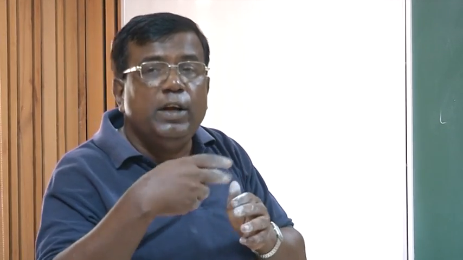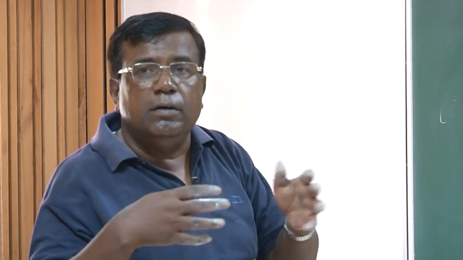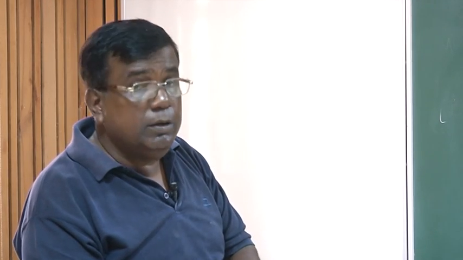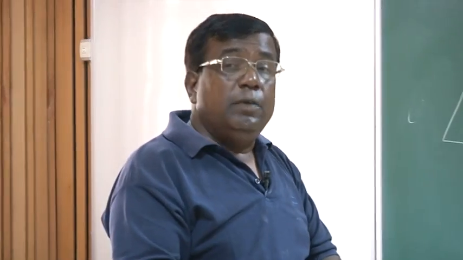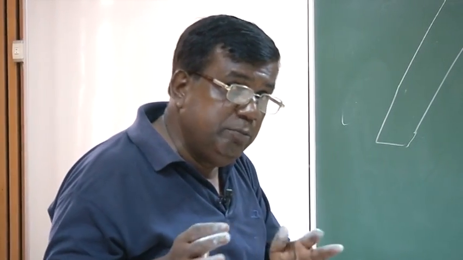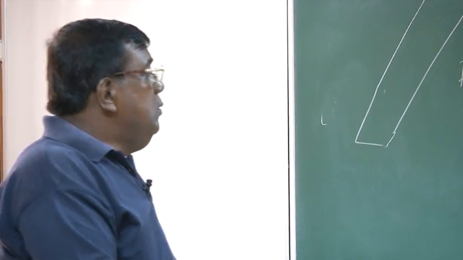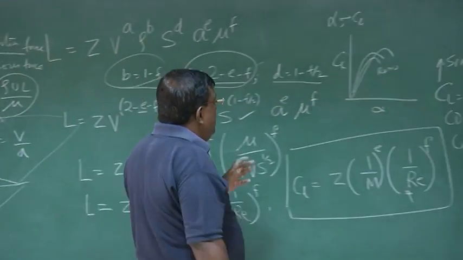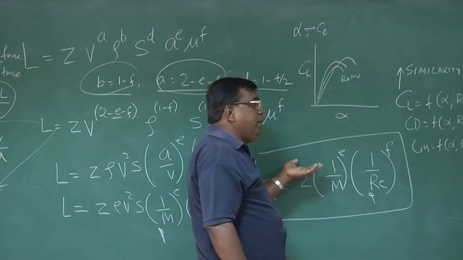So you have to pick the speed of the tunnel, density, and temperature, because velocity of sound is a function of temperature. For supersonic, high speed, these are the issues. But the message is, I have to duplicate the dynamic similarity.